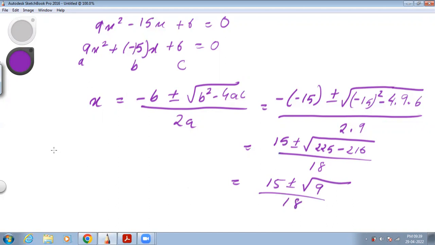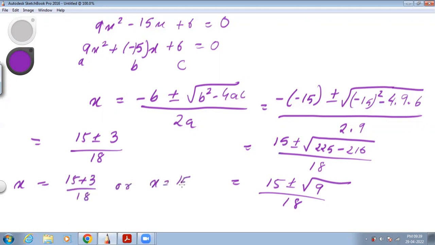So this becomes 15 plus minus square root of 9, which is 3, by 18. So x has two answers. One is 15 plus 3 by 18, or x is 15 minus 3 by 18. So 15 plus 3 by 18 is 18 by 18, which is 1, or 15 minus 3 by 18 is 12 by 18, which is 2 by 3.